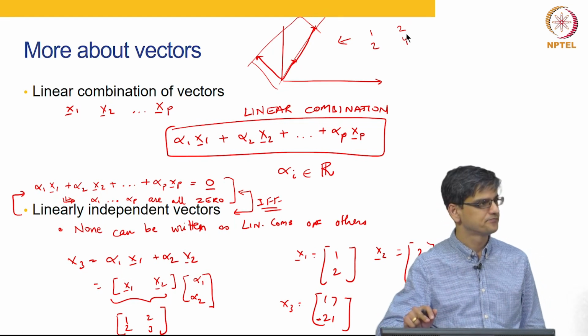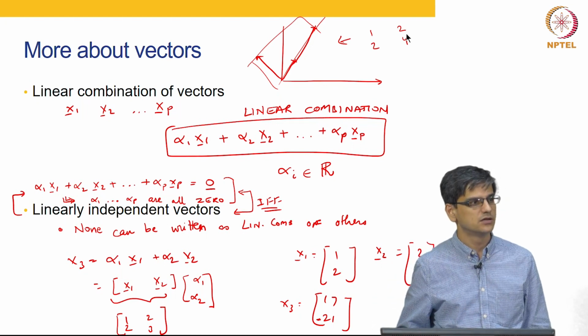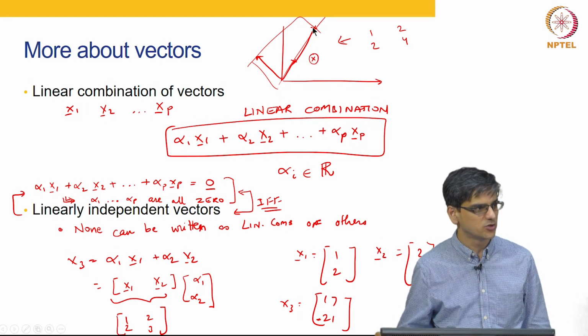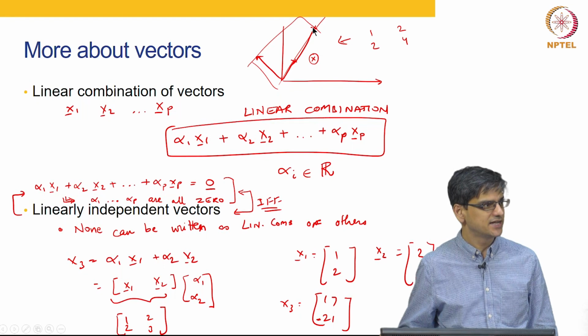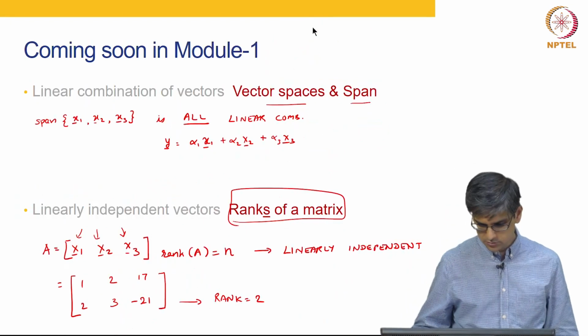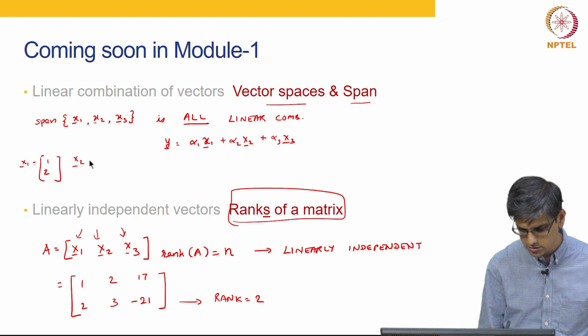That line. The line through 1, 2 is that span, because any point outside of that line cannot be obtained as a linear combination of those 2 vectors. Let us say x1 bar was 1, 2 and x2 bar was 2, 4.